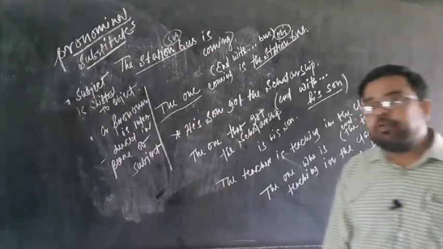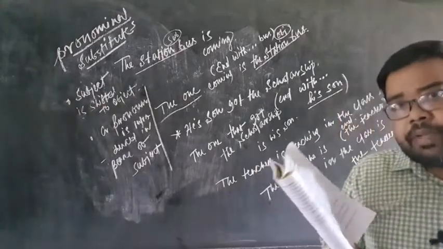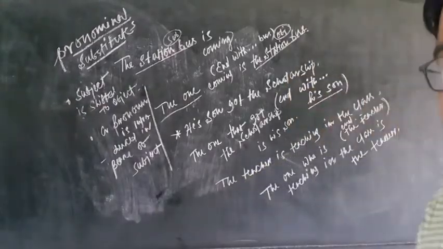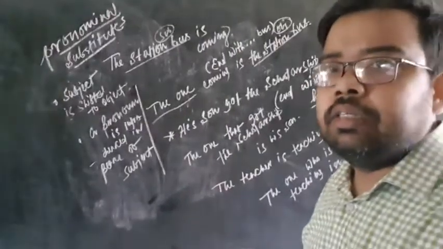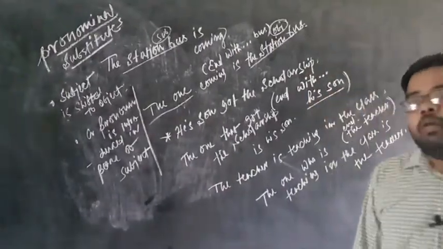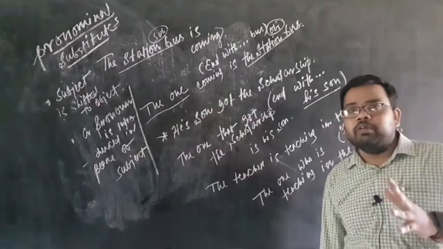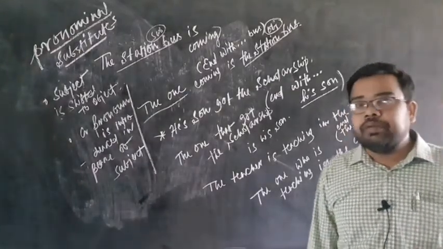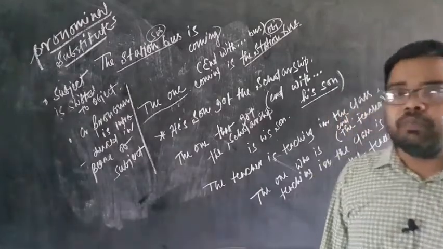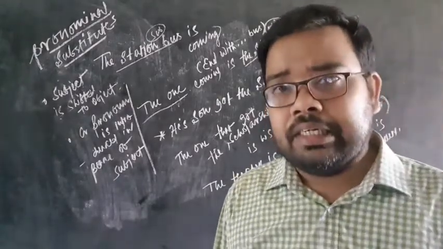Now one thing we have to understand here: the subject is becoming much more vibrant in this particular one. Basically the subject is not that vibrant when you use it at the beginning, but when you use this particular effect, the pronominal substitute, the subject becomes much more vibrant, much more colorful as well as striking.